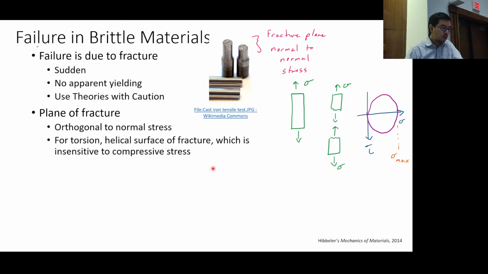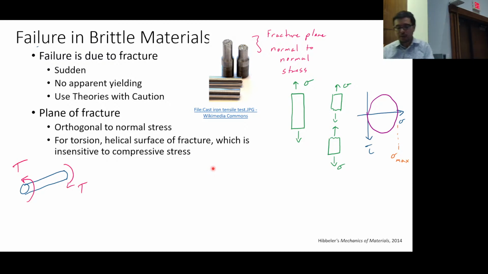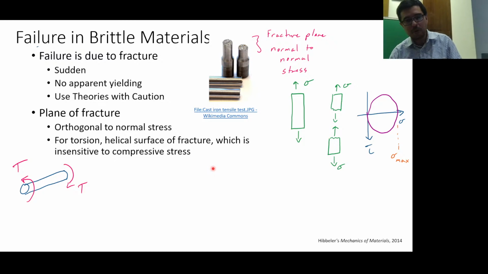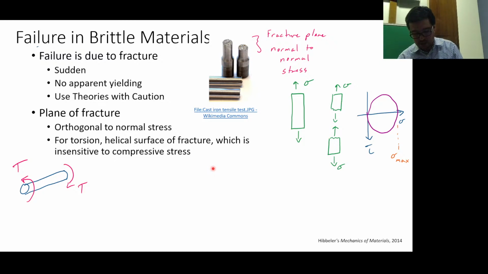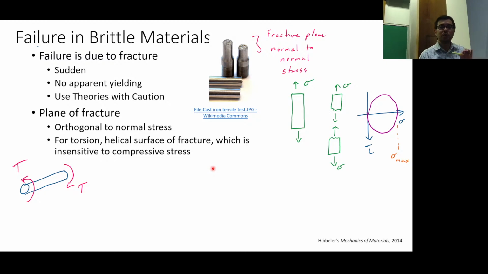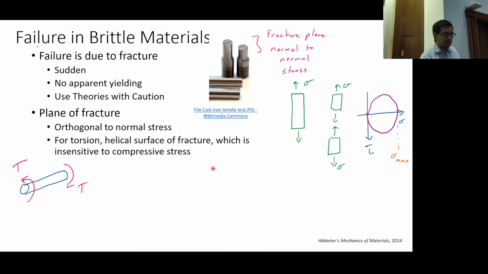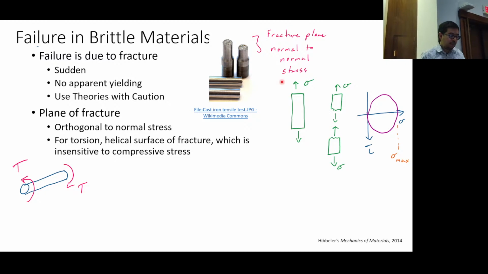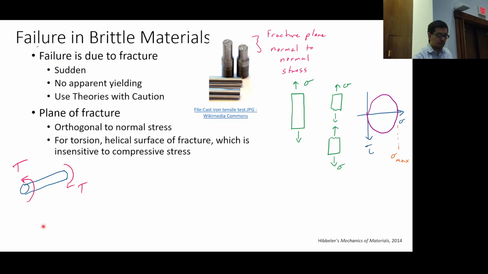Okay, so let's think about this for a second. Here, we took a piece of chalk and we broke it using normal stress, right? And that's kind of to this first point, and we saw these nice rigid fracture surfaces. And now let's think about what happens in torsion.